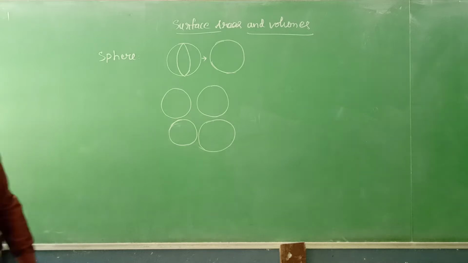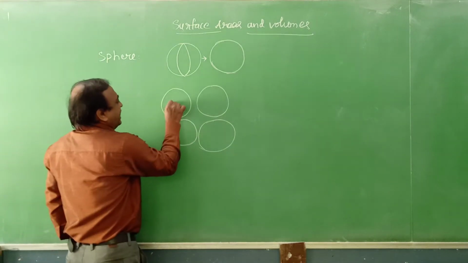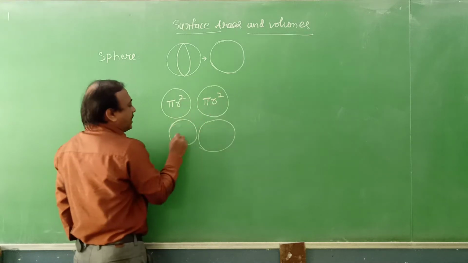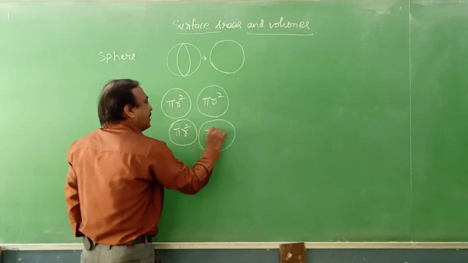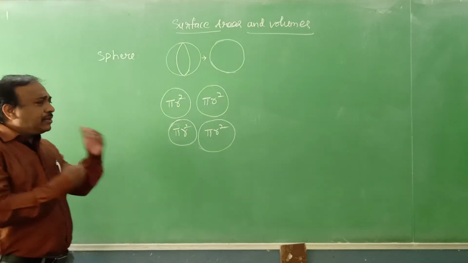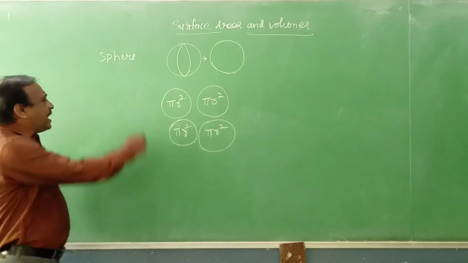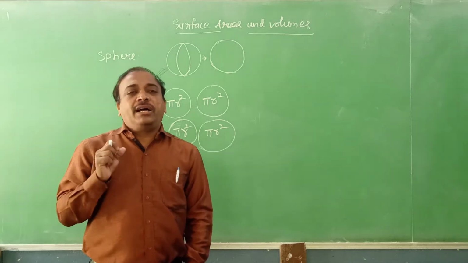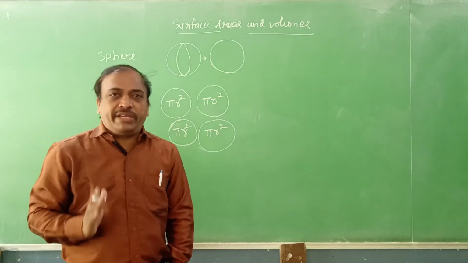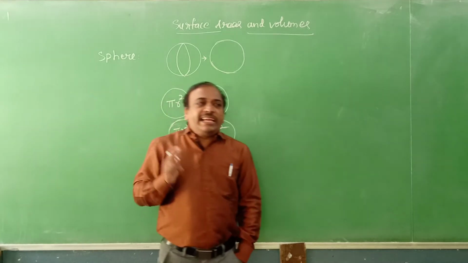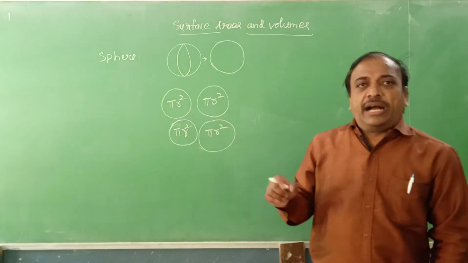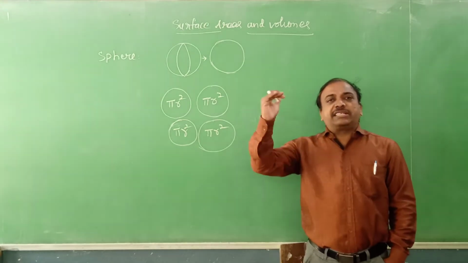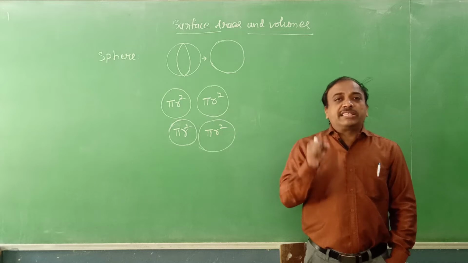We are going to find the area of the circle. If the radius is r, the area of these four circular regions, 4 pi r square, is nothing but the surface area of the sphere. If you have only the term surface area, it indicates the total surface area. If you don't have any other term, the meaning itself is the total surface area.